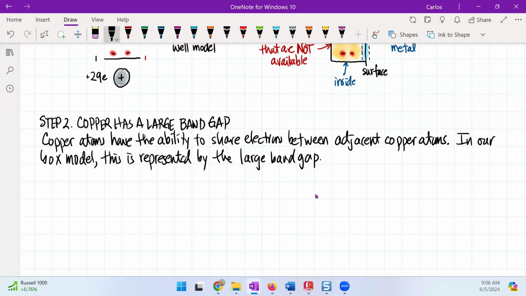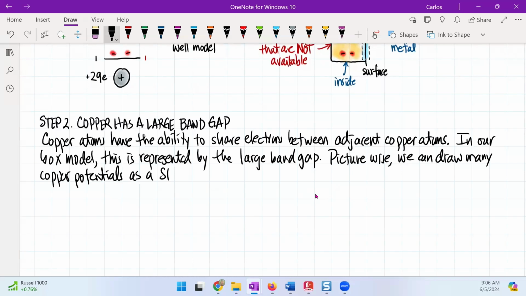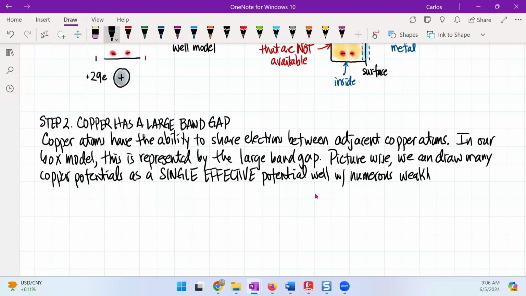So now what I'm going to try to do here is that picture-wise, we can draw many copper potentials as a single effective potential, with numerous weakly bound electrons.